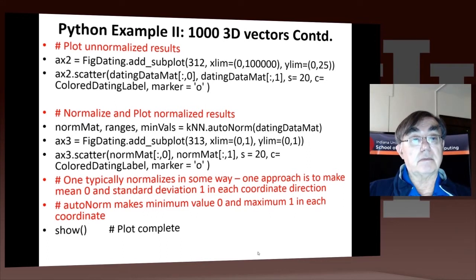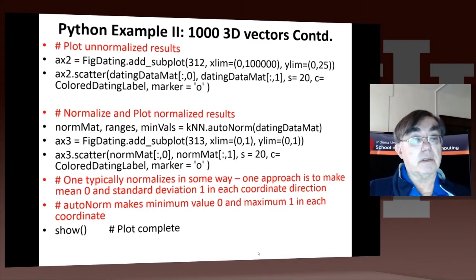And when you're doing this for real, you'd like to have each of the components having roughly the same scale. The typical way of doing it is to take every component, say here the component is X, Y, or Z, and you normalize it, say to a mean of 0 and standard deviation of 1 in each coordinate direction.